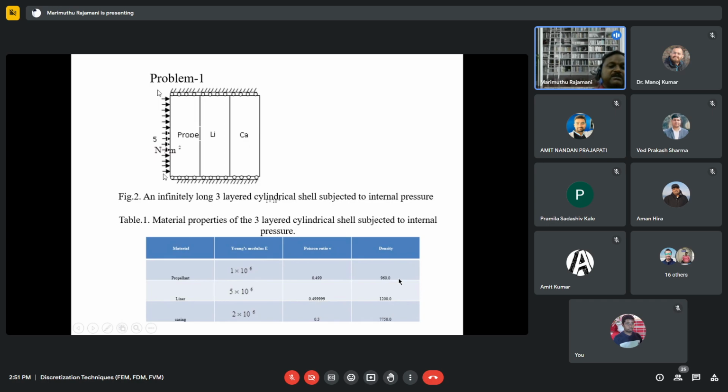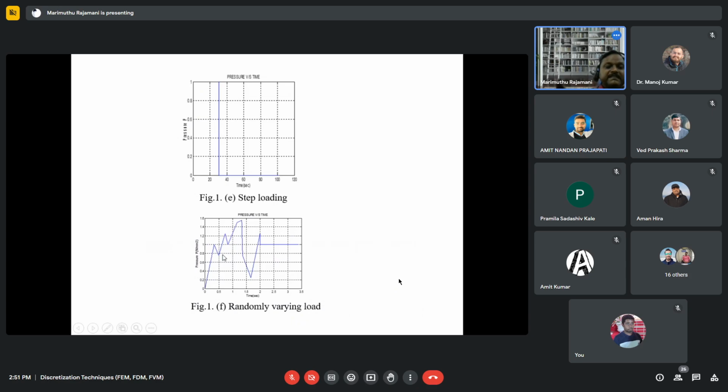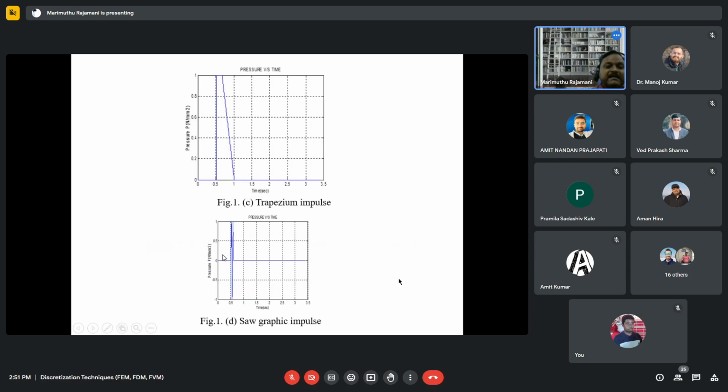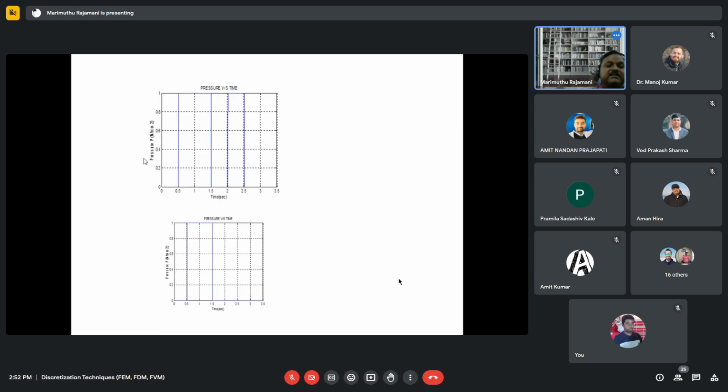And the same load, internal pressure, is applied in these forms. Up to this it is 0. Then this is a pulse load, a rectangular pulse. A rectangular pulse is applied, then brought back to 0. Then once again rectangular pulse loads are applied.